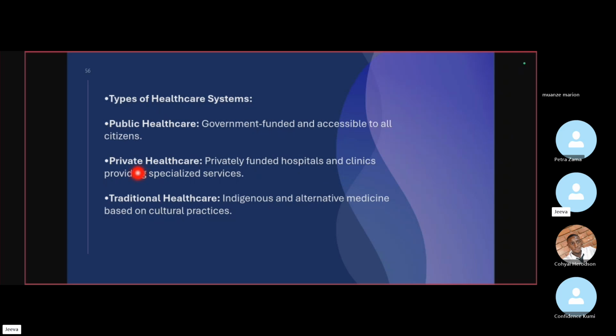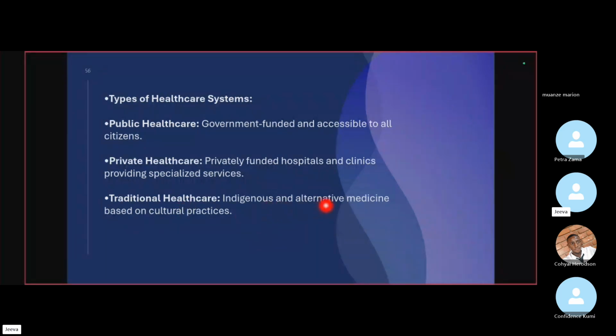Second is private healthcare. Private healthcare is privately funded by hospitals, clinics, or some people, and it provides specialized services. It is not accessible to the entire population. The last one is traditional healthcare.